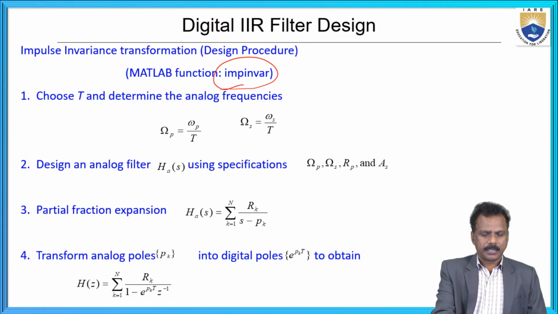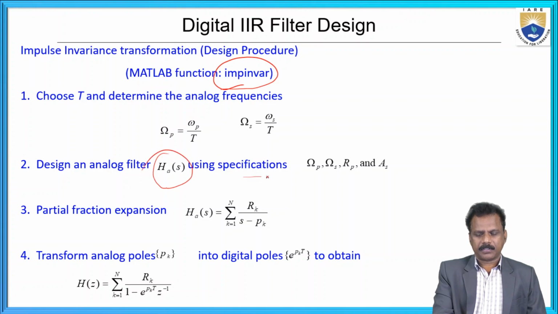Here, design an analog filter with the system function H of s using the specification omega p, omega s, Rp and As, as we have discussed. The partial fraction system H of s is equal to the summation k equal to 1 to N of rk by s minus pk.